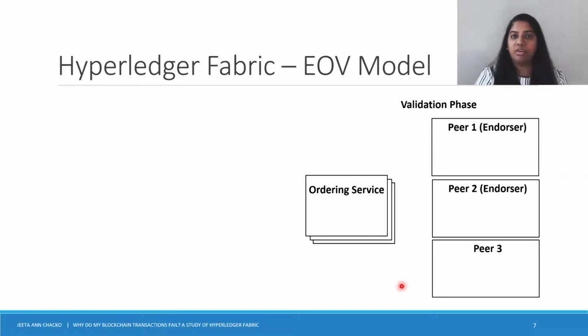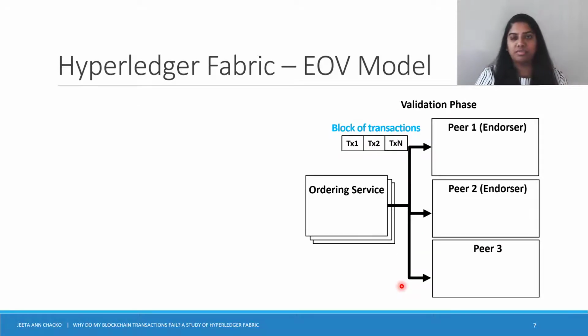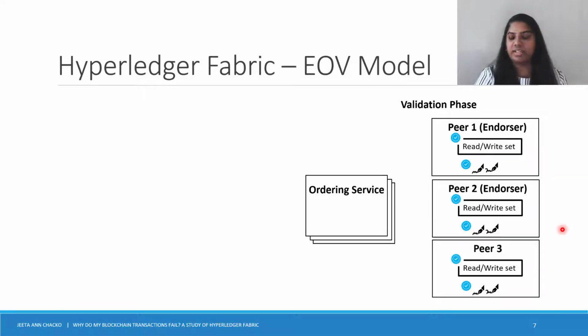The validation phase begins when the ordering service sends these blocks of transactions to the different peers, to all the peers in the network. The peers in turn validate these transactions. Validation includes validating the endorsing peer signatures as well as the read-write sets. So the read-write sets from the different endorsing peers are compared with each other and also with the current world state.